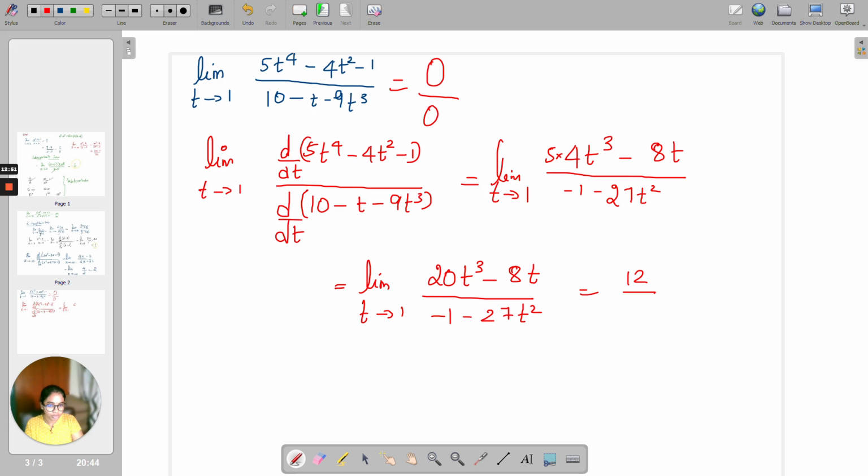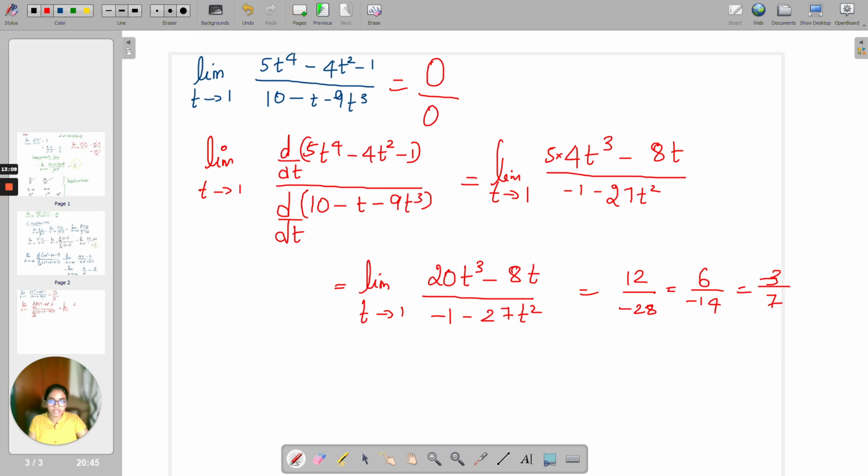So in the denominator, would I get minus 28? So you can do 6 divided by 14. Again, 3 divided by 7 with a negative sign.